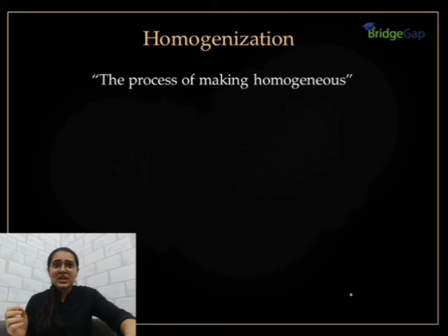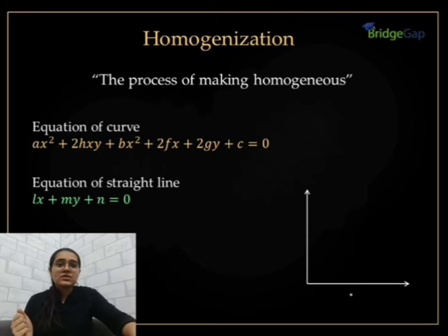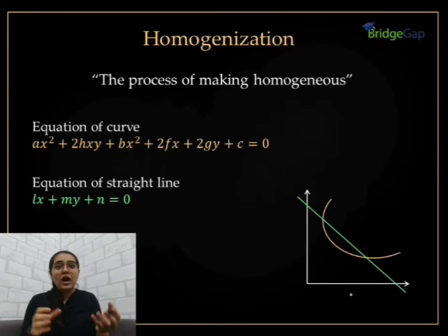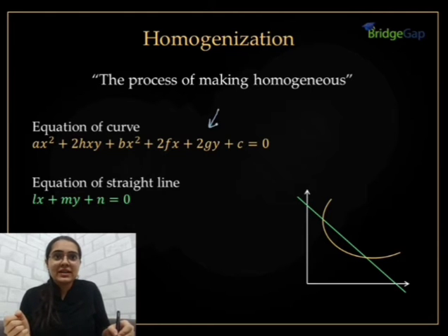You see, let's take the example again. We have the equation of a curve, we have the equation of a line. Okay, so this is our diagram. Now, how do we apply the process of homogenization here? You see, this is clearly a non-homogeneous equation. How?